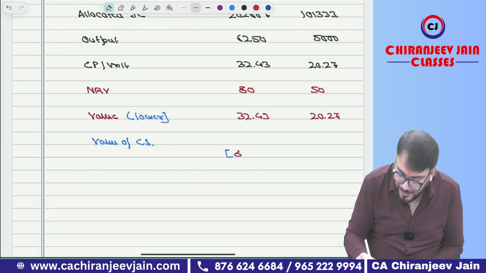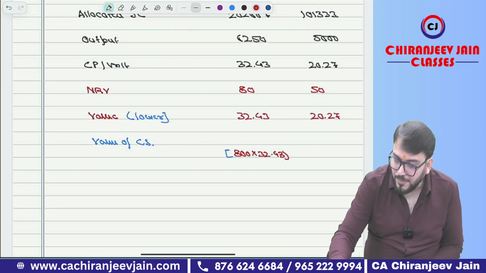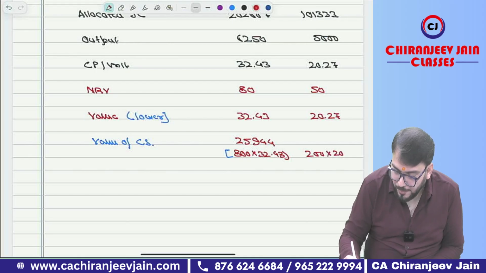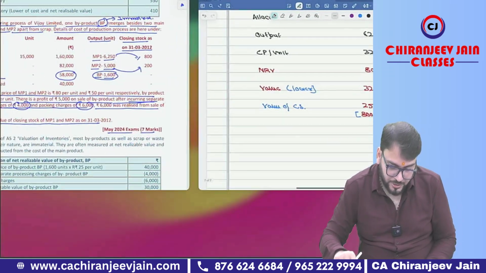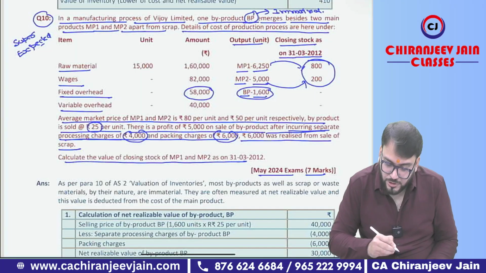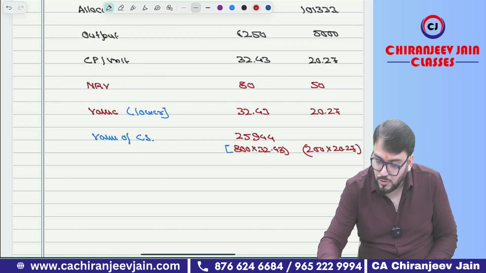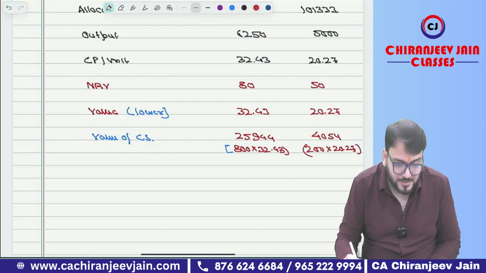That is 800 into 32.43, which is 25,944. And this is 200 into 20.27. You can see the closing stock is given here. So 200 into 20.27 is 4054.